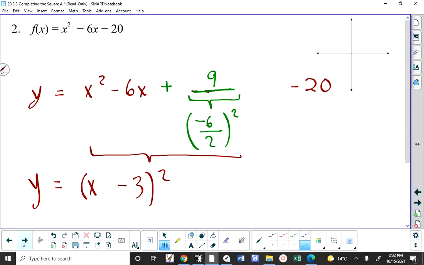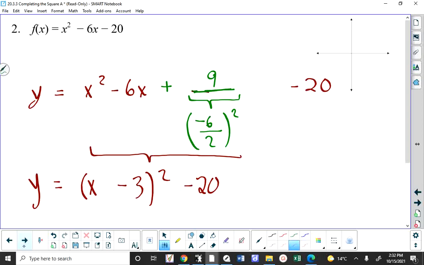Is this correct? No, it's not. Because as soon as I said plus 9, think of that equal sign as being like the pivot point on a teeter-totter. As soon as I added 9, it's no longer balanced. I can either add 9 to the other side, which some teachers will tell you to do, and then you subtract it. But if I'm adding 9 to the right side, I'm going to immediately take 9 away on the right side somewhere else.